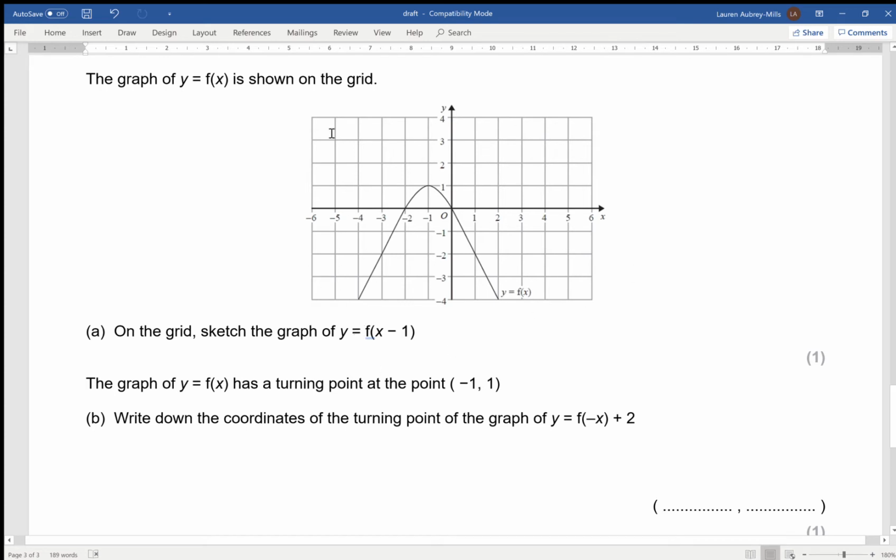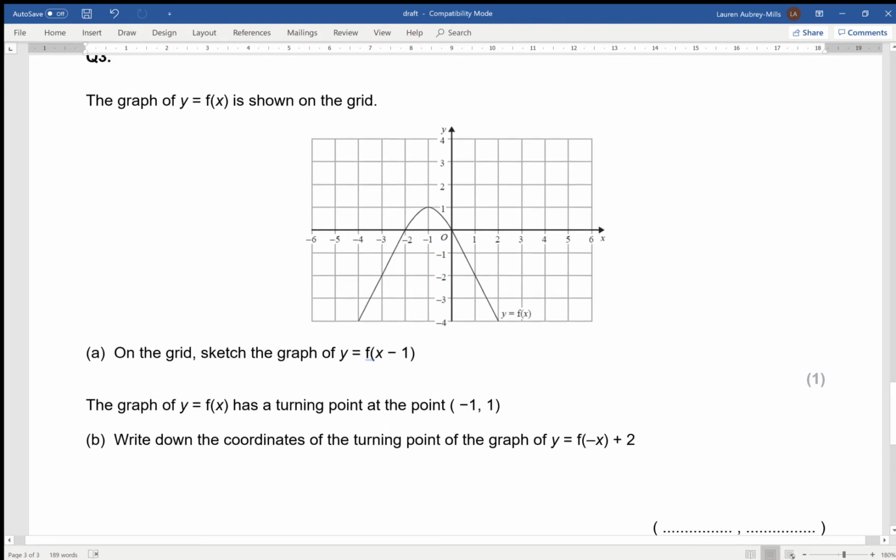Okay, and the function is f of x, and what they're doing to it, they're subtracting 1 from x. So one key thing to remember when you're moving these graphs around, by translation, is if it's inside the bracket, you are going to be changing the x-axis rather than the y.